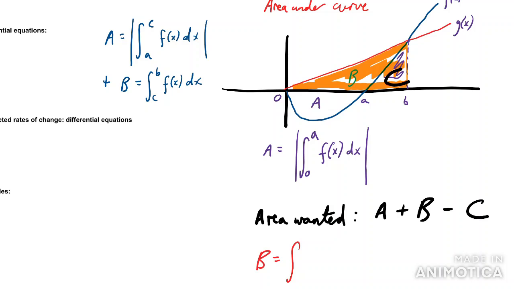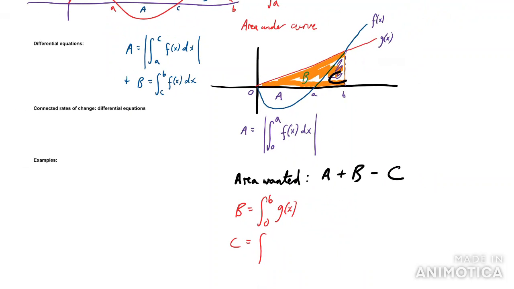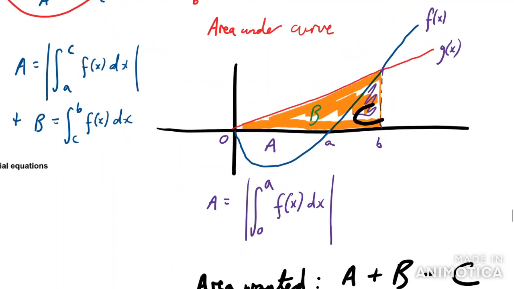B is the integral from 0 to B of g of x. And C is the area under the curve f of x from A to B. And once you've set everything up in that way, now you can just confidently go through and get all the marks of the problem. But you can see that clearly this part was actually the most important part in terms of getting the question right.